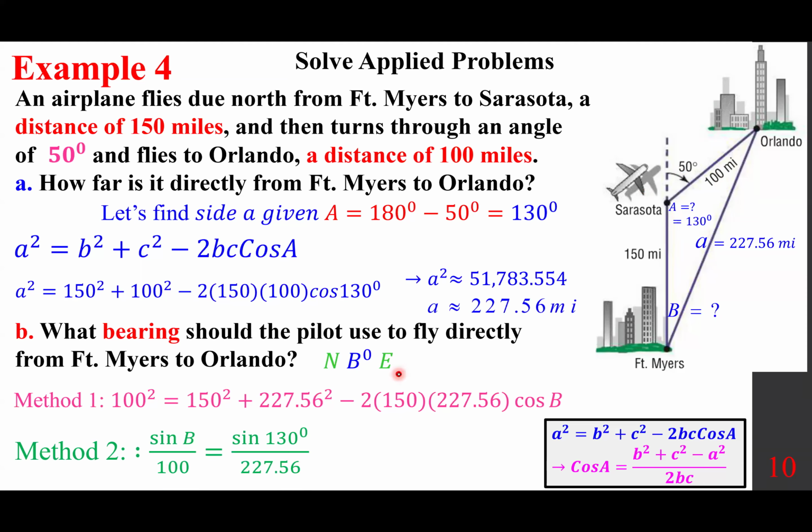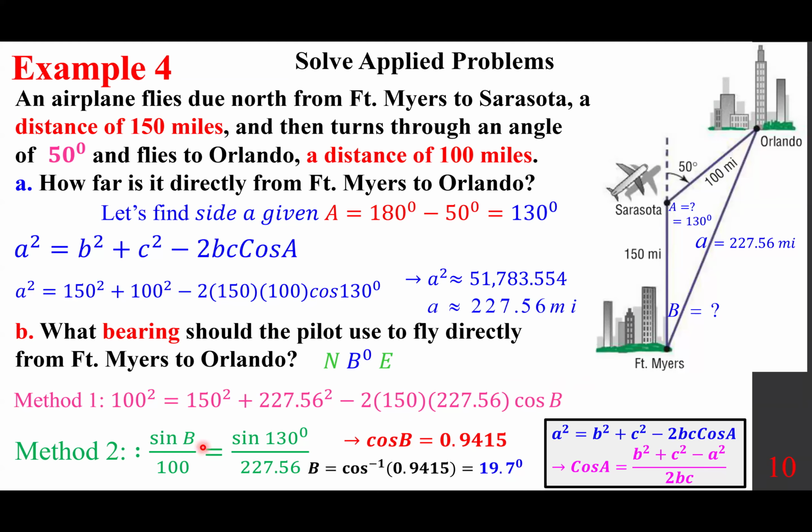Through these methods, you can find either sine B or cosine B, either way. So if you go with cosine B, you get 0.9415 if you go this route. So what is B? Cosine inverse of this number, and the calculator indicates it is 19.7 degrees.